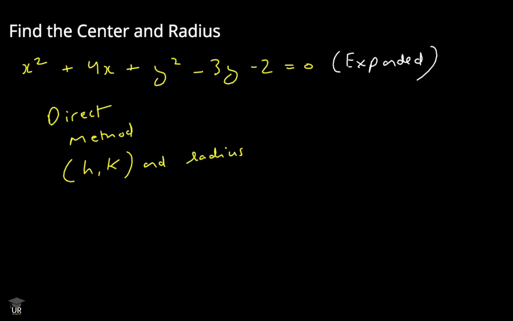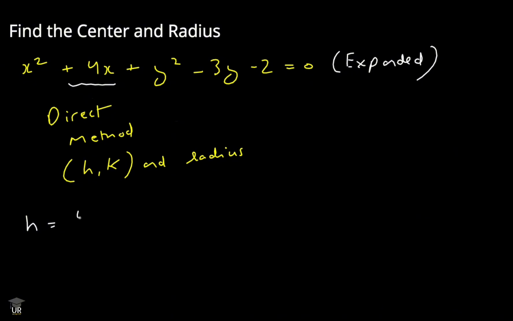Now in order to find the center coordinates, let's look at this equation. To find h, I will look at the equation and find the coefficient of x. This is my x term and the coefficient of x here is 4.